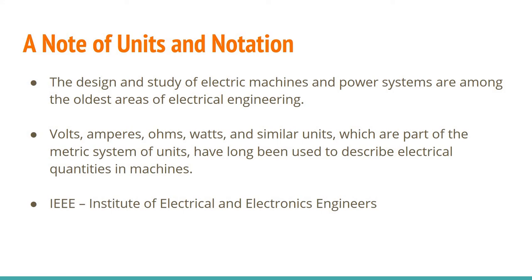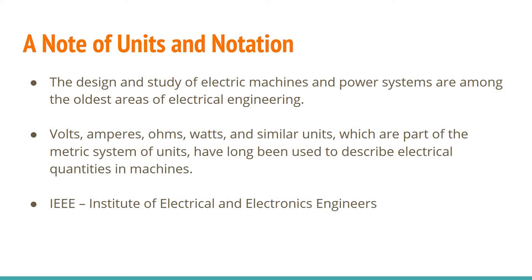Okay. Volts, amperes, ohms, watts, and similar units, which are part of the metric system of units, have long been used to describe electrical quantities in machines. There is the English system of units, and then there is the International System, or SI system, also called metric units.